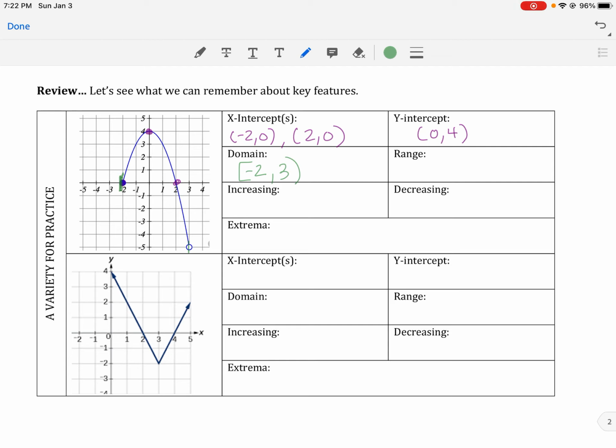Range, we're going low to high. It helps, this was like left to right. So once again, the lowest point at the bottom is -5. It's an open circle, so we get a parenthesis. The highest point is up here at 4. This one says it goes through that point. We usually use the bracket to mean it includes it.